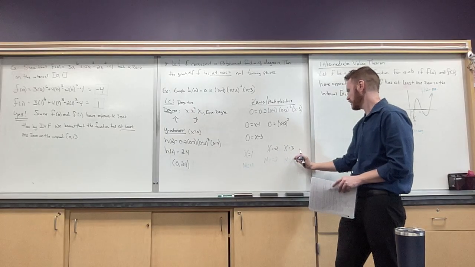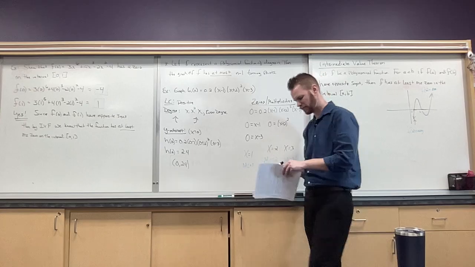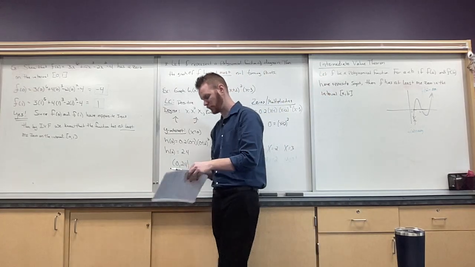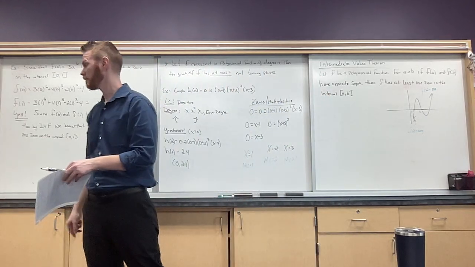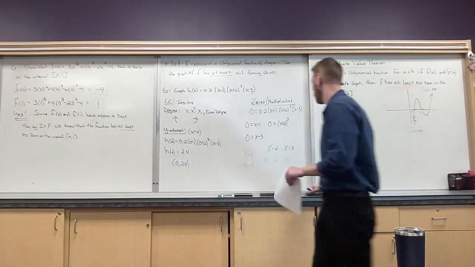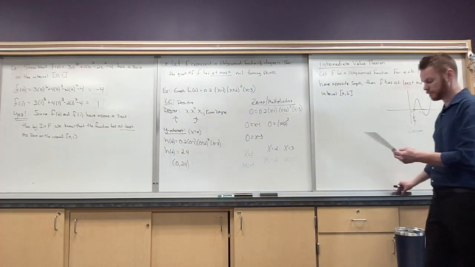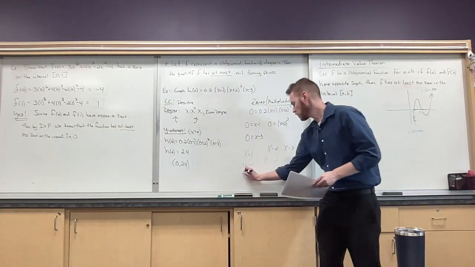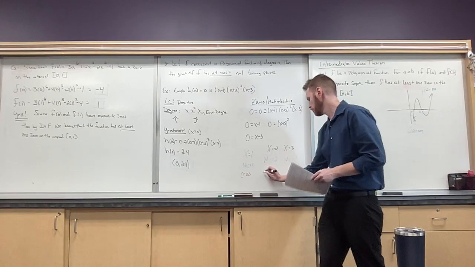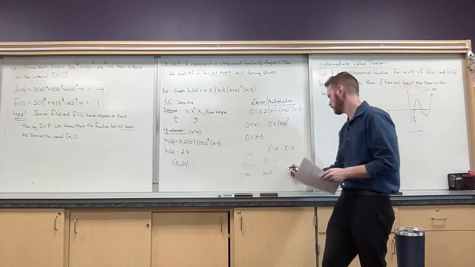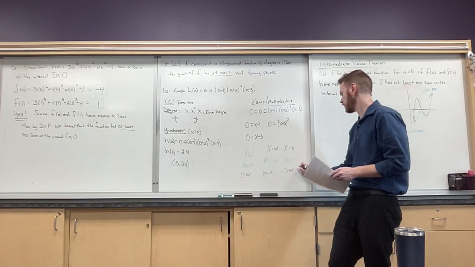That would have a multiplicity of 1. I'll have to get another marker. All right. So, what does that tell me? The graph is going to cross at 1. It's going to touch at negative 2. And then it's going to cross at 3.